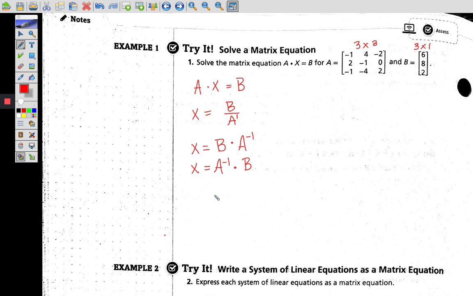So we would say X equals negative 4, negative 16, and negative 33 as a matrix. If they asked you to write it as three separate things, you could say X equals negative 4, Y equals negative 16, and Z equals negative 33.